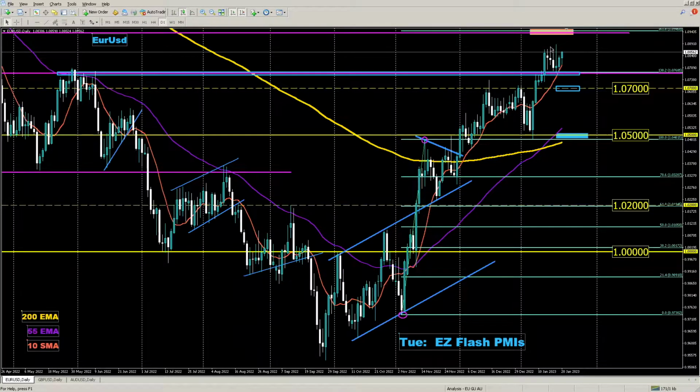So let's see if next week we can break out of this box and punch through to test the resistance, or whether it's going to pull back lower before it starts to gain some traction.